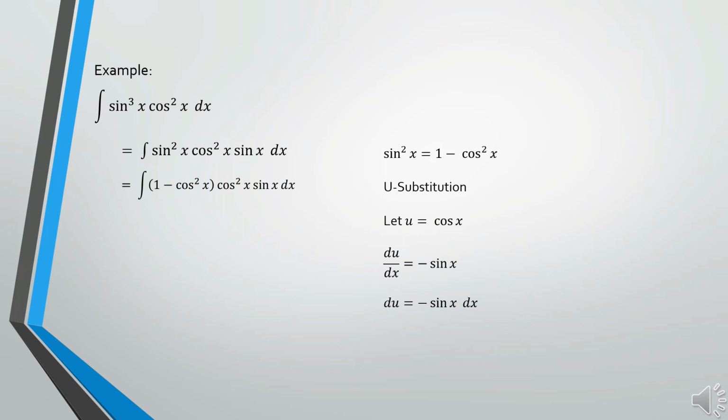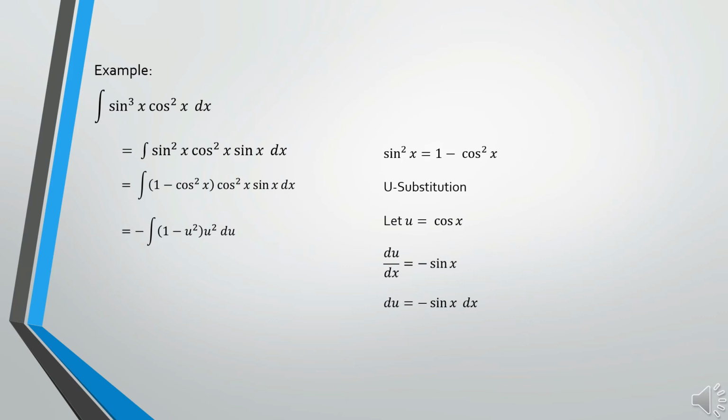For the next step, we substitute: 1 minus cos to the power of 2x multiply cos to the power of 2x multiply sine x dx equals 1 minus negative u to the power of 2 multiply u to the power of 2 multiply negative u. We move the negative sign to the front because it makes it easy for us to integrate the equation.